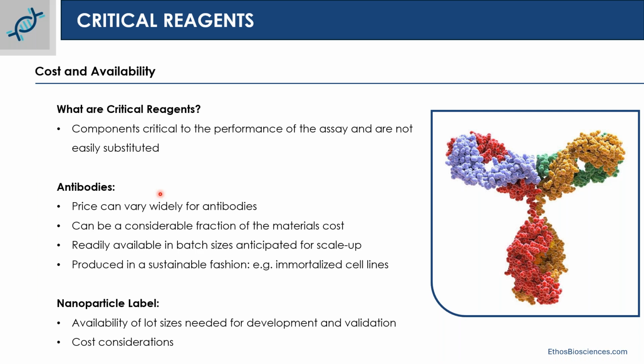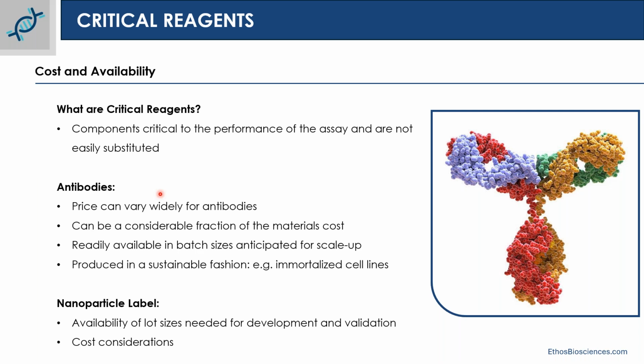And while during development, again, at small scale, those prices may not seem like a big difference, once you scale up, they can be a considerable fraction of the material cost of your test. So it's important to keep that in mind early on. You also want to make sure you can get these antibodies in batch sizes that are anticipated for scale up and that they have good lot-to-lot reproducibility.